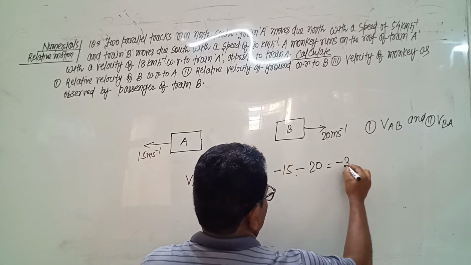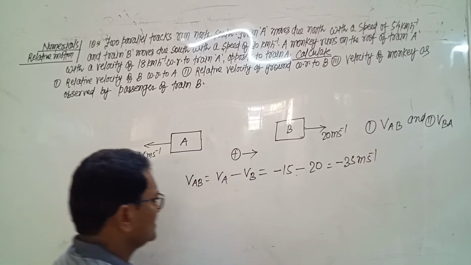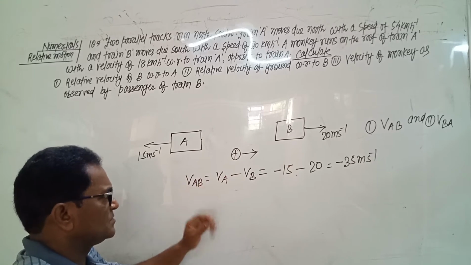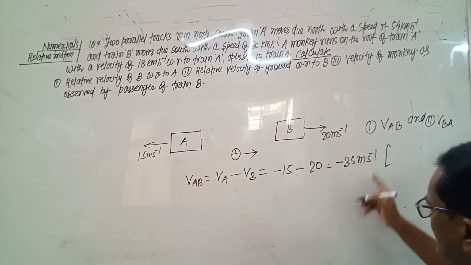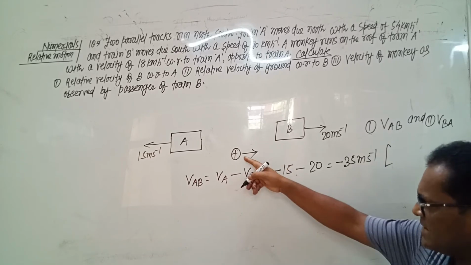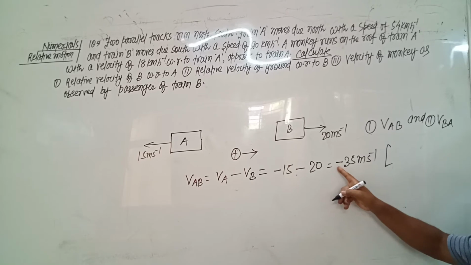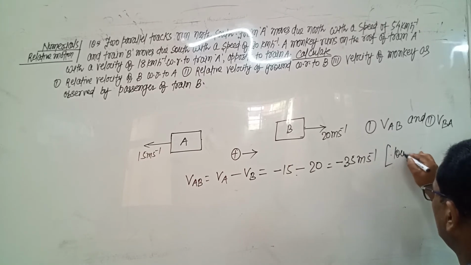And it gives minus 35 meter per second. This means the relative velocity of A with respect to B is directed towards left, because we have assumed towards right and the result is negative, so its direction is opposite, towards left.